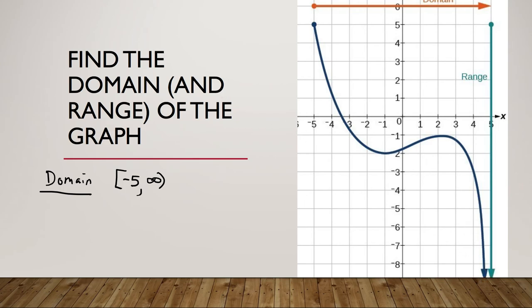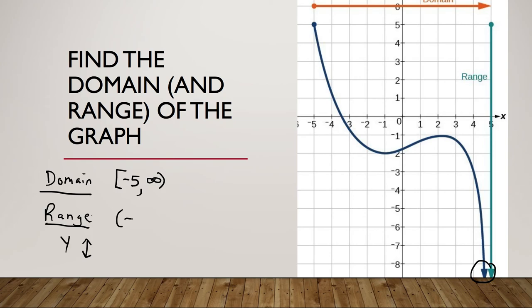Now the range is the opposite of that. The range is your y values. And so you're looking at how high up and how far down the graph stretches. So find your lowest point on the graph. And again, you can't actually touch the lowest point because the lowest point is indicated with this arrow. So how low does the graph go?